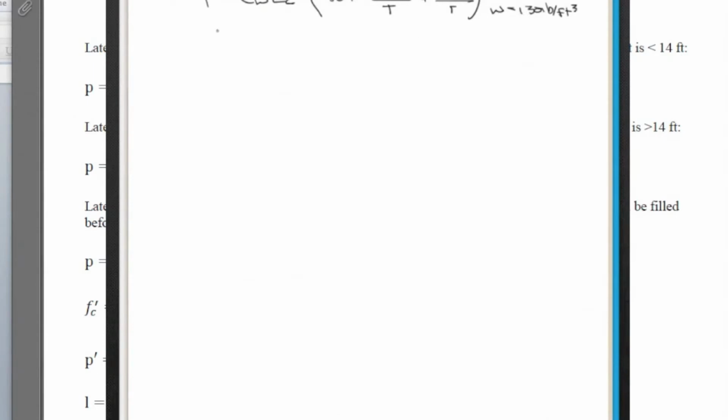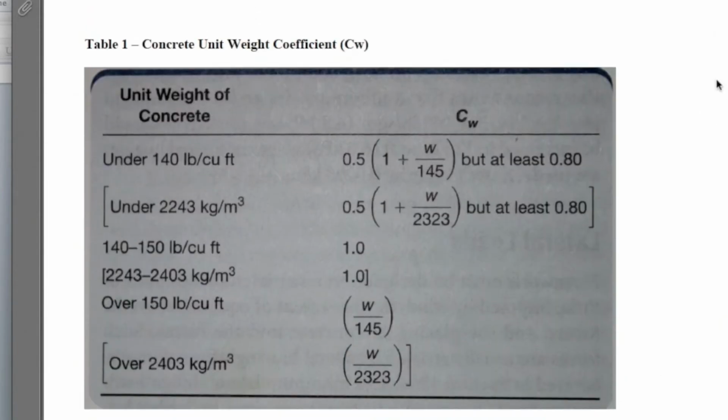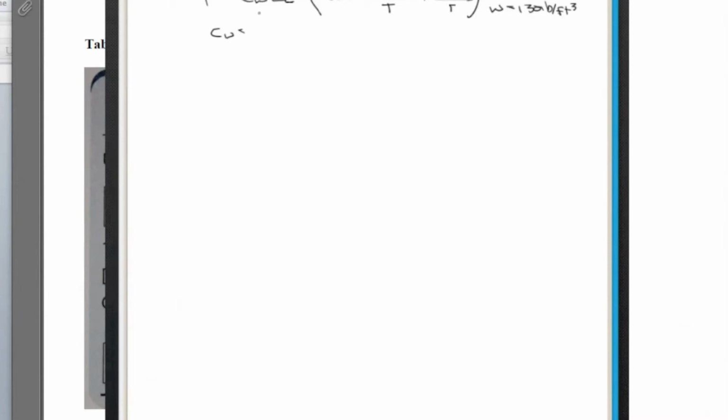And now let's find this CW. Going back to our chart, here's our CW chart. We're under 140, so we have to use this equation right here. So CW is equal to 0.5 times (1 plus the weight over 145), and that comes out to 0.5 times (1 plus 130 over 145) equals 0.95.